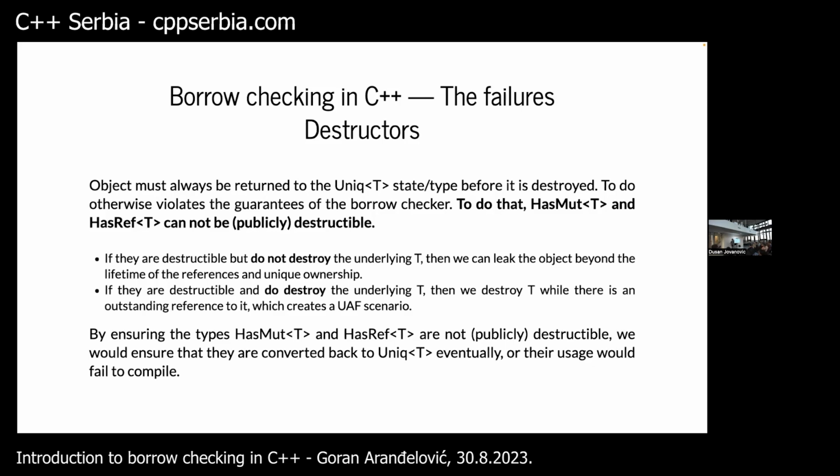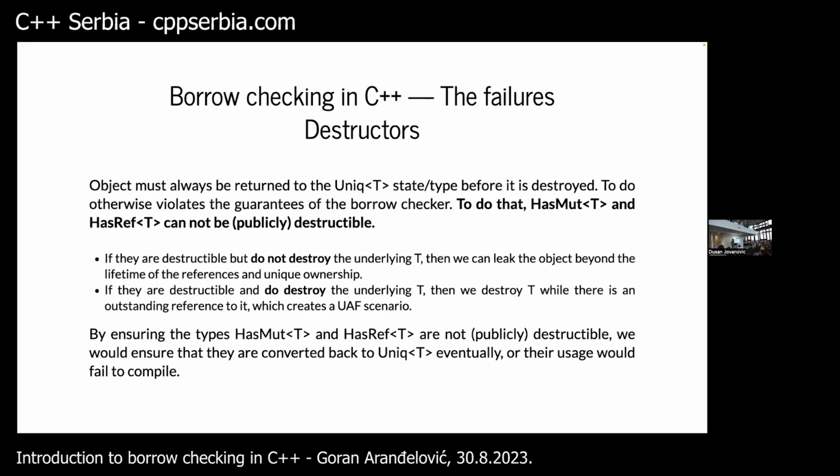You cannot go back. I mean, you don't know how to go back anymore. And also vice versa. In the other case, when they do destroy the underlying object, you can enter the use after free scenario, and that's the problem.